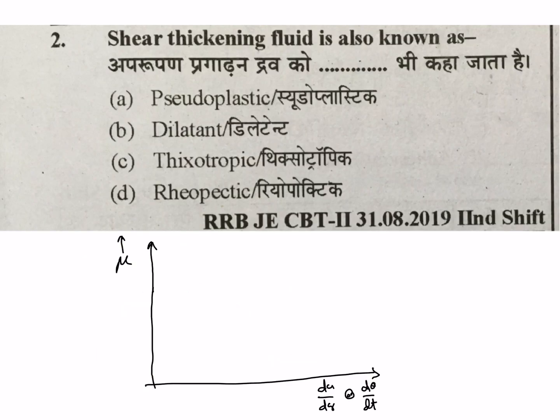Thixotropic fluid. Next question, shear thickening fluid is also known as dash. You have to consider mu versus velocity gradient or shear strain rate, keeping temperature constant. Viscosity versus velocity gradient.